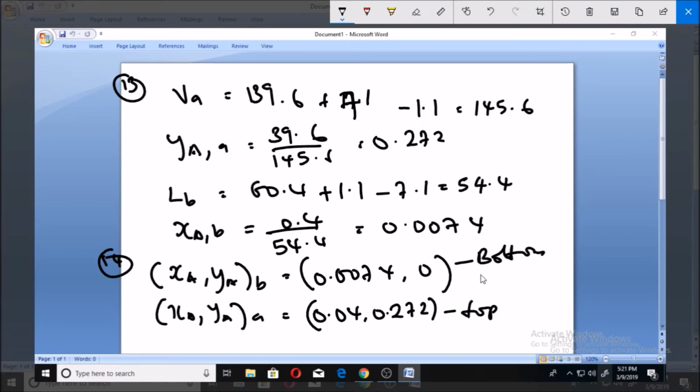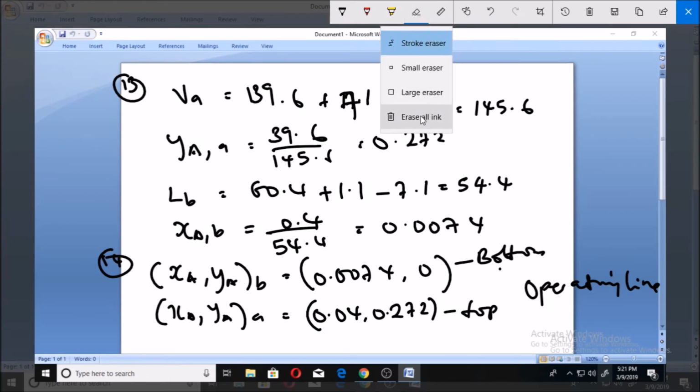So if you plot this as the bottom and top, you've established the operating line. Very, very important. So I'm going to take this out and continue.